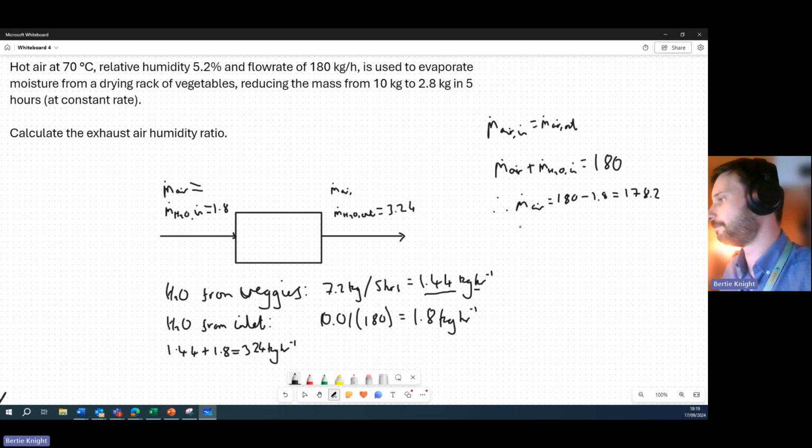Okay, so if we're asking for the exhaust air humidity ratio, that would just be M H2O out over M air. Let's give it some notation.